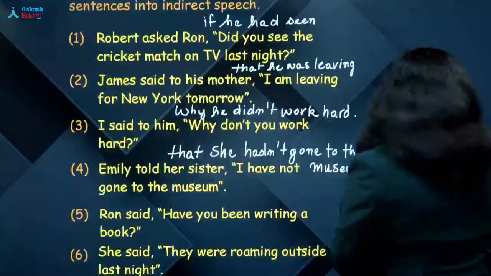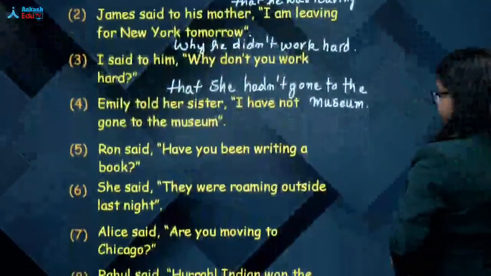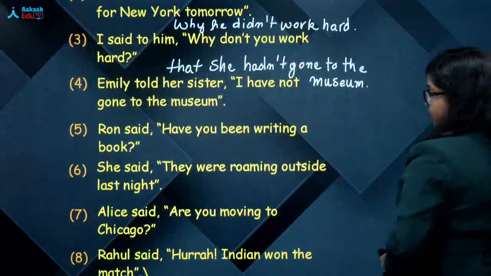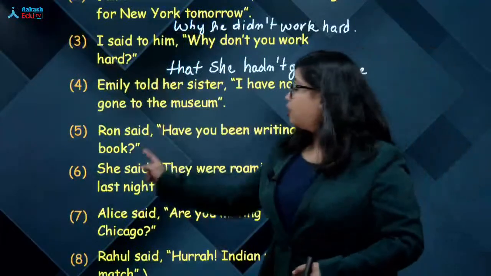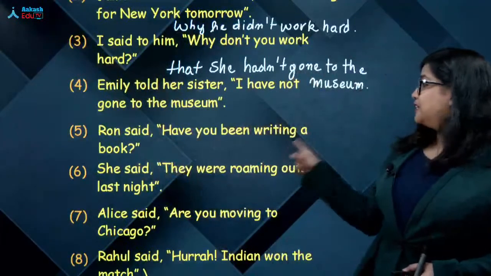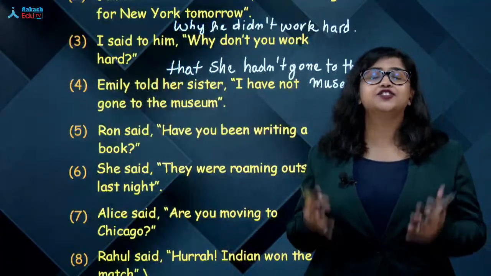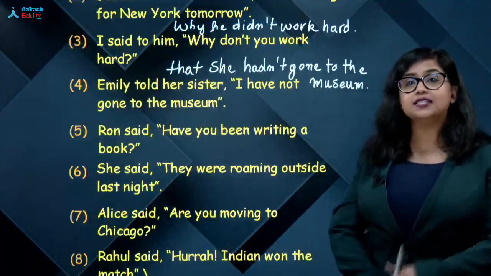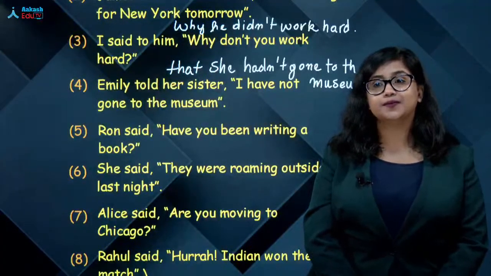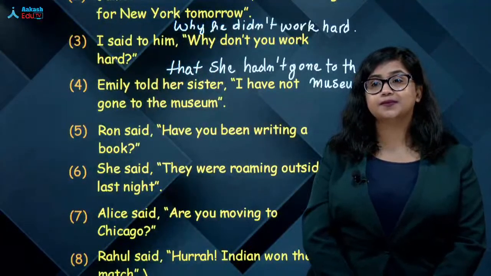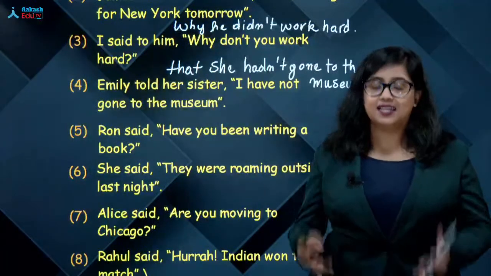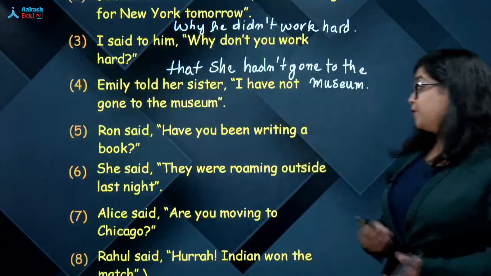So well done guys. Moving ahead with the very next question. Ron said, "Have you been writing a book?" Look at the sentence carefully and try to guess the tense of the sentence. Yes guys, absolutely correct. Very well done.